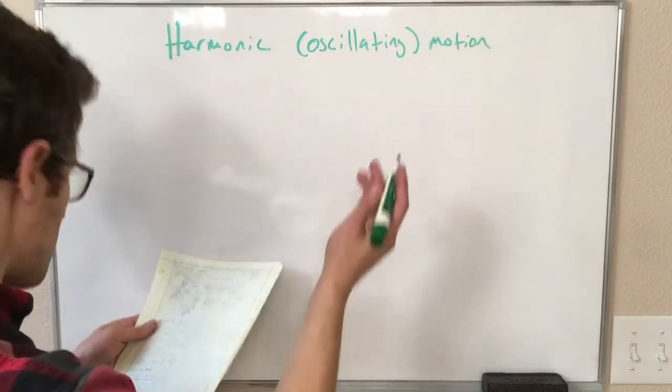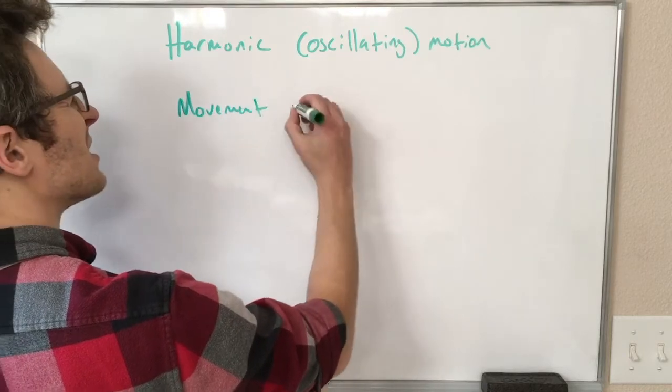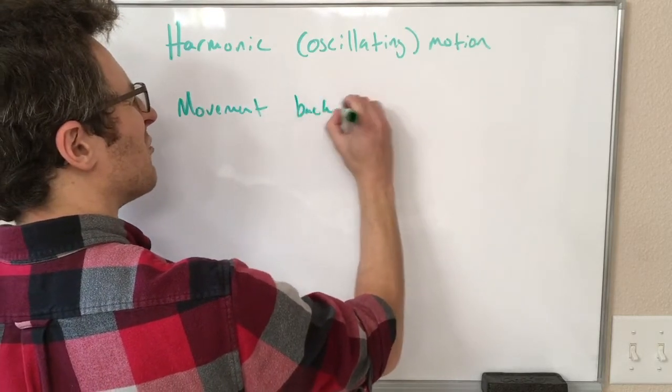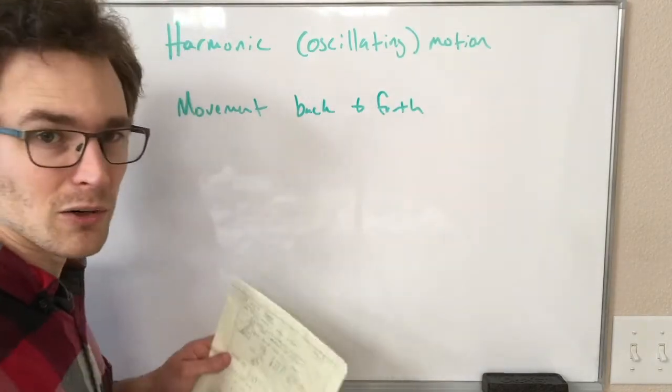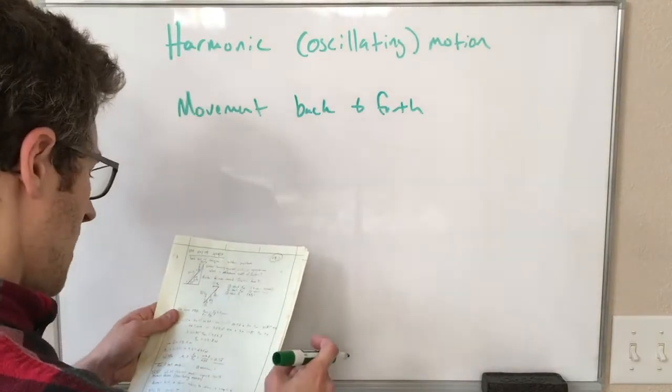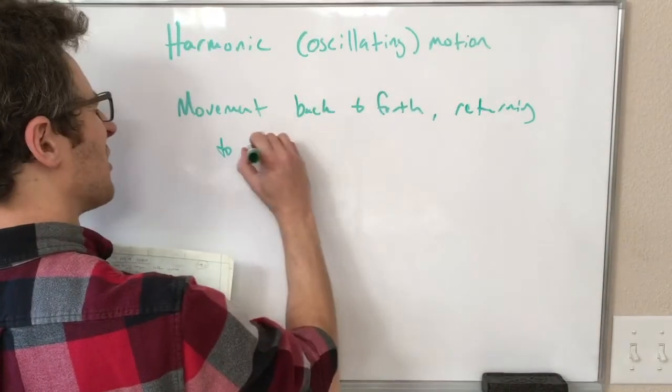But our definition of this motion is we have an object that's moving, for example, back and forth, or up and down, or left and right, however we want to describe that, and returning to where it started.